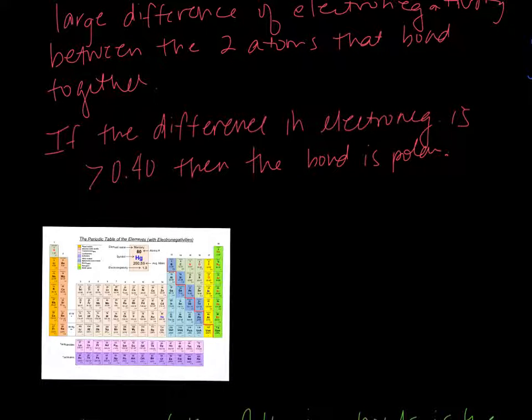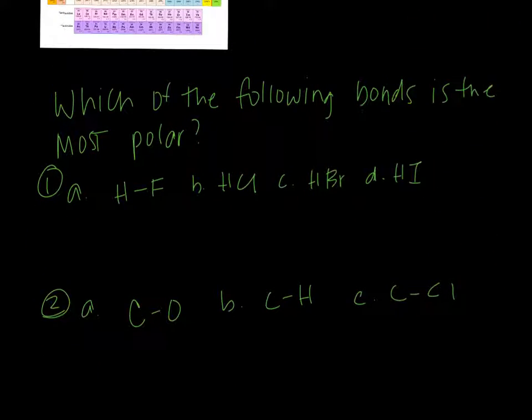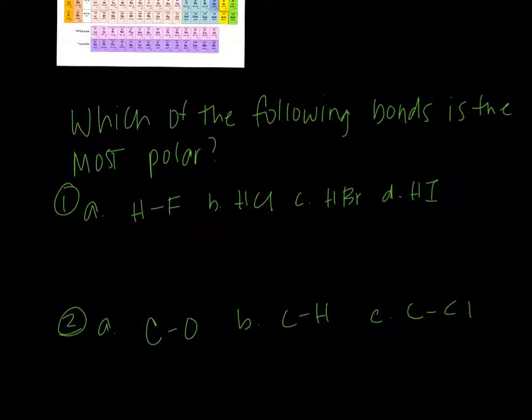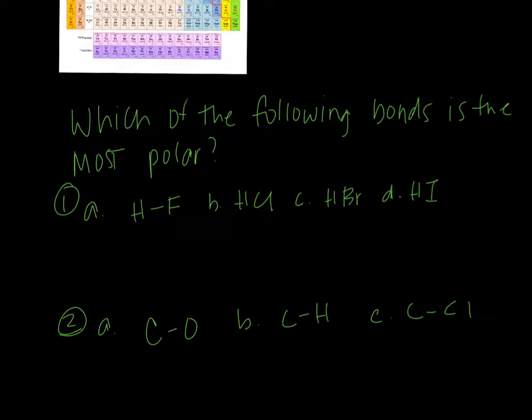So if I scroll down here, I have an example to look at. Which of the following bonds is the most polar? In question 1, we're looking at HF, HCl, HBr, and HI. If I remember right, F is on the top of the periodic table. Let me grab my periodic table and bring it down here.